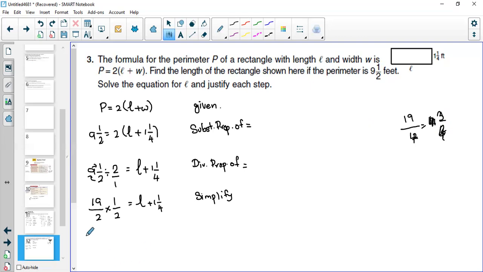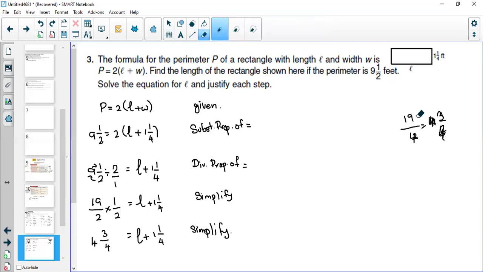So this is going to be 4 3 over 4 equals L plus 1 over 4, and still I have only simplified. I did not solve anything still now. I'm still solving the fraction. So again, this step is also called simplify.